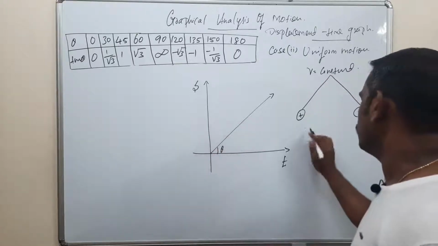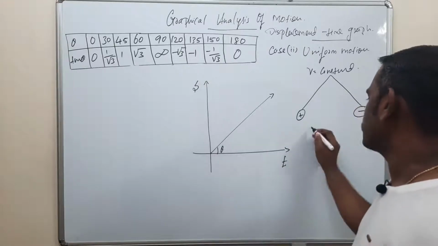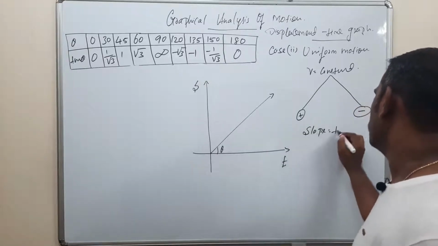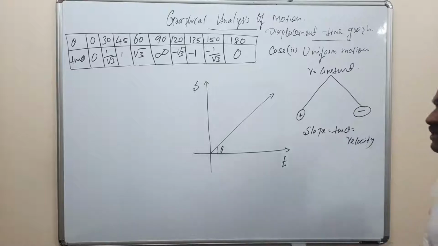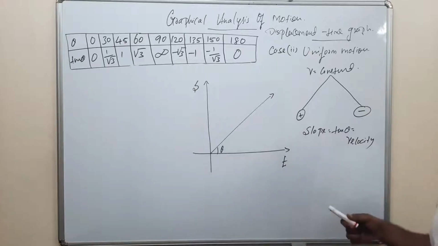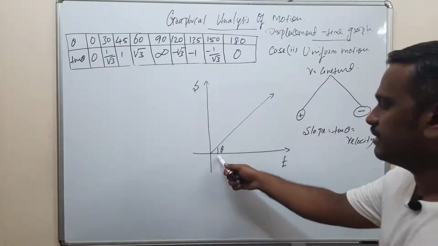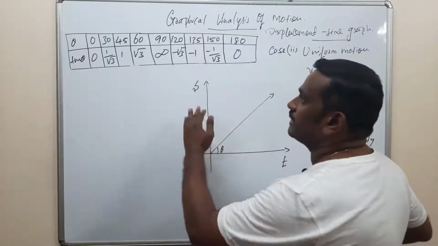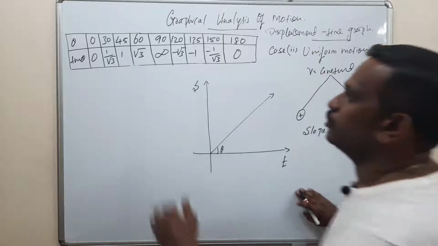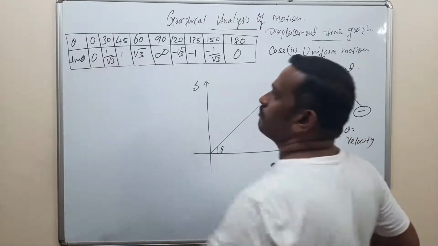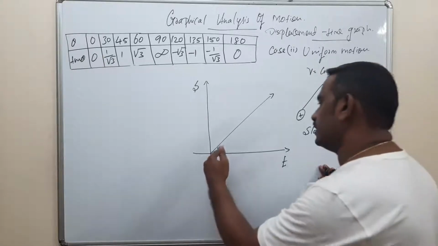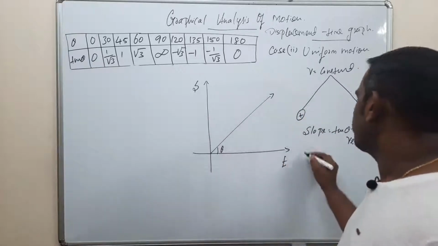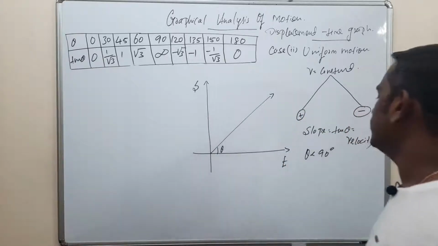So velocity is equal to the slope of the displacement time graph, that is slope is equal to tan theta, which is the velocity of the motion. Theta is less than 90 degrees, and less than 90 degrees means tan values are positive.